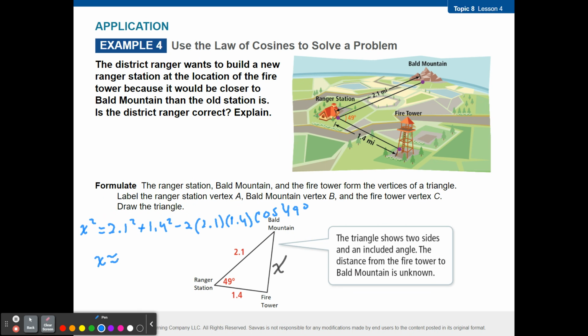All right, what do we think? Jackson, you got it? Take the square root. 1.6. Very good. So was the ranger correct? Yeah.